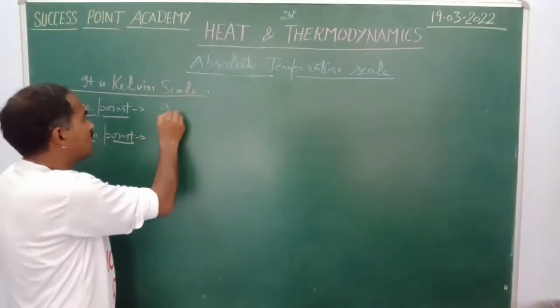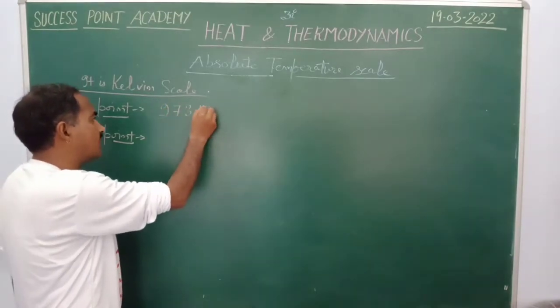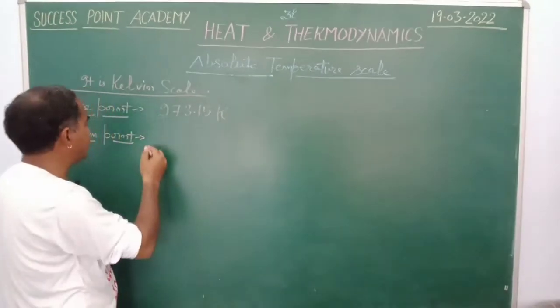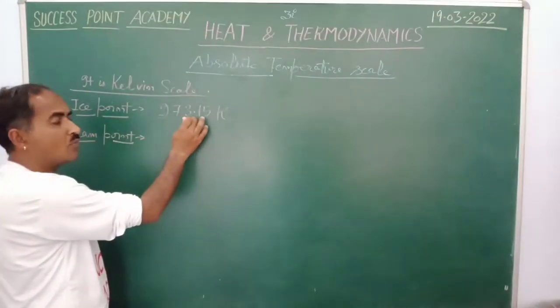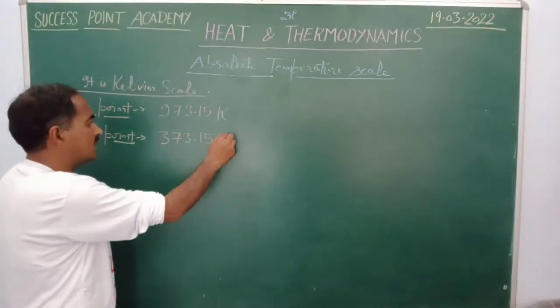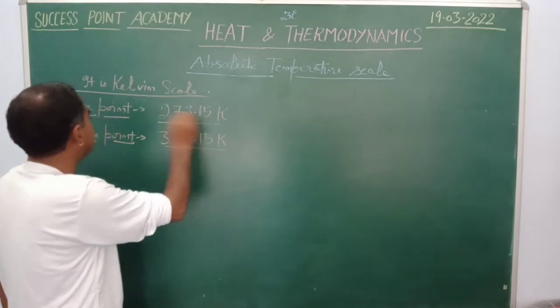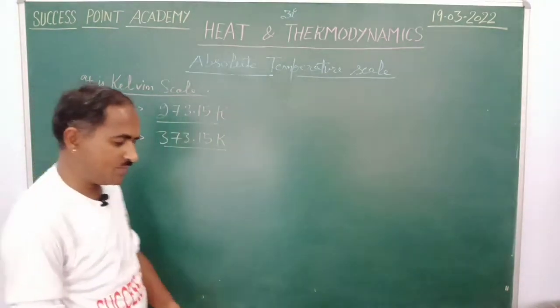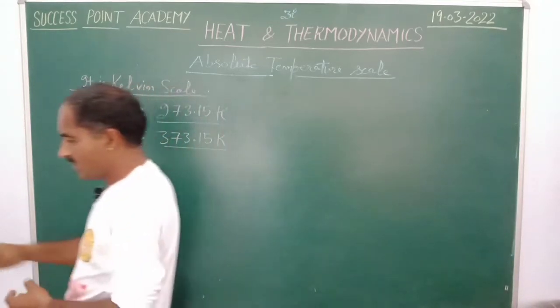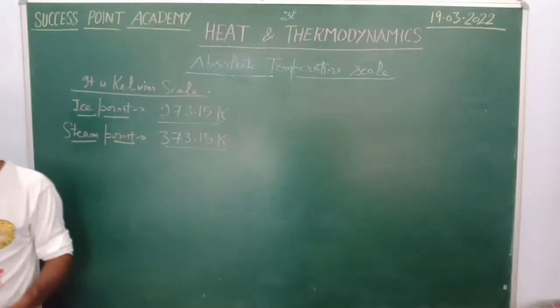You know 273.15 Kelvin is 0 degree Celsius, and 100 degrees Celsius will be 273.15 plus 100, so it will be 373.15 Kelvin. These are the ice point, meaning freezing point, and steam point, boiling point, on the Kelvin scale. So you should note this carefully.